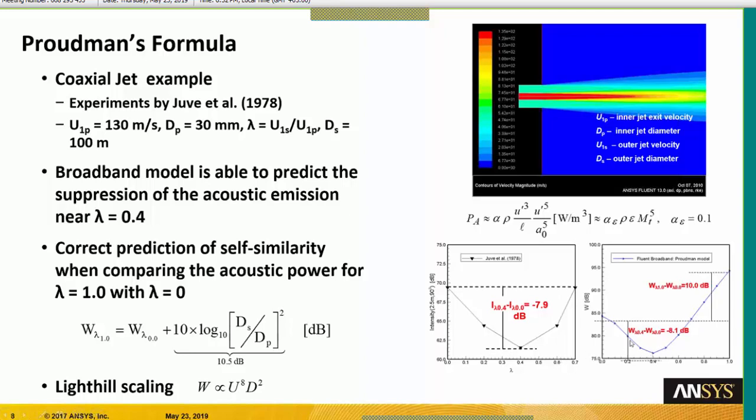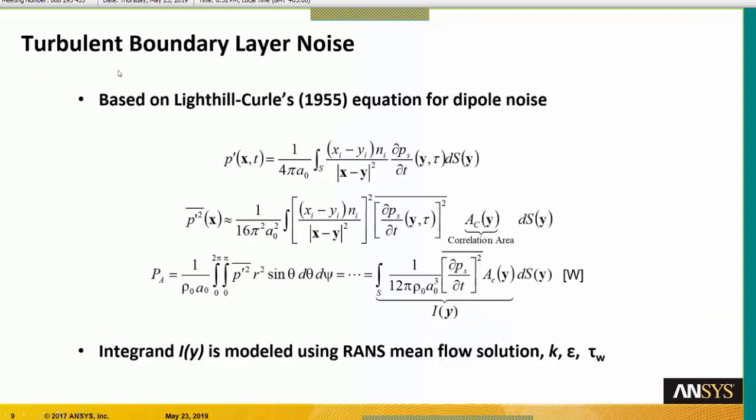For example, you have the correct minimum for this acoustic power for certain wavelengths of the different acoustic content inside your jet. You have a discrepancy in terms of values, it's normal, but you have the correct location for the minimum of acoustic power. So it's quite nice. So this is the first model.